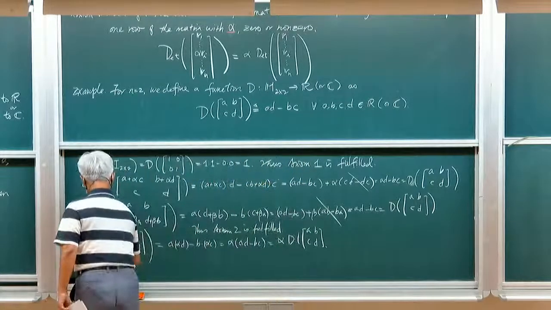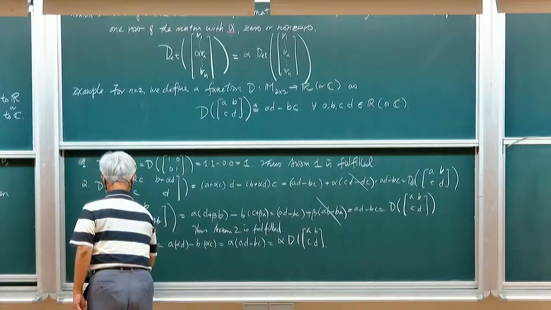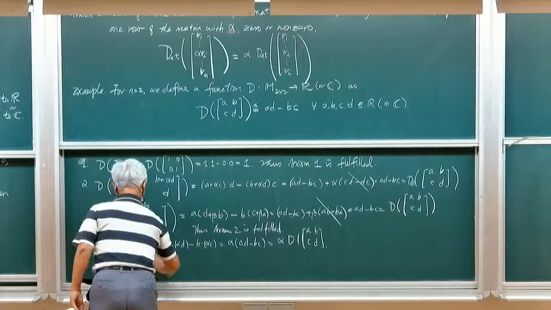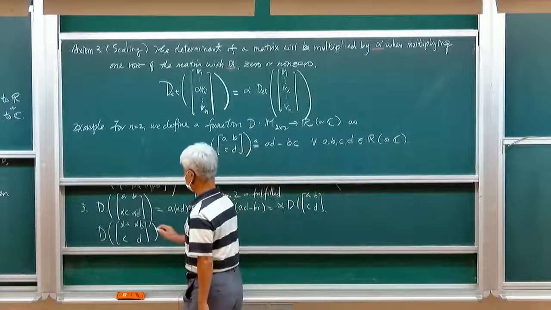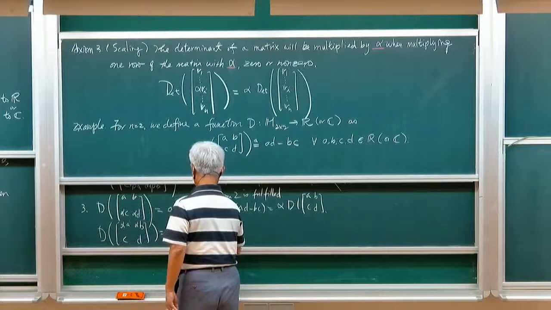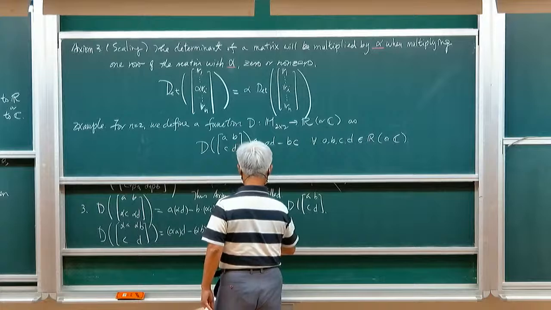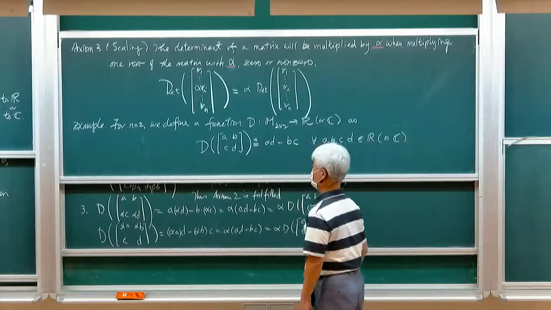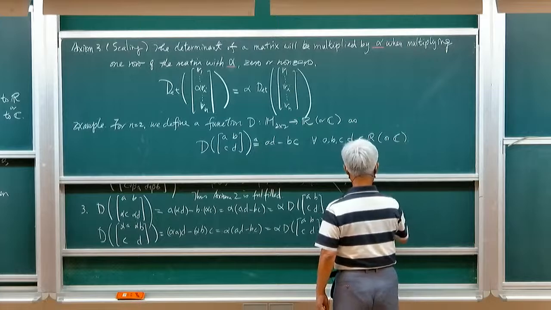All right, the other possibility for scaling is to scale the first row. So you do it by definition. So alpha A D minus alpha B C, so this is alpha times AD minus BC. And again, this is alpha D of ABCD. All right, so axiom number 3 is also fulfilled.